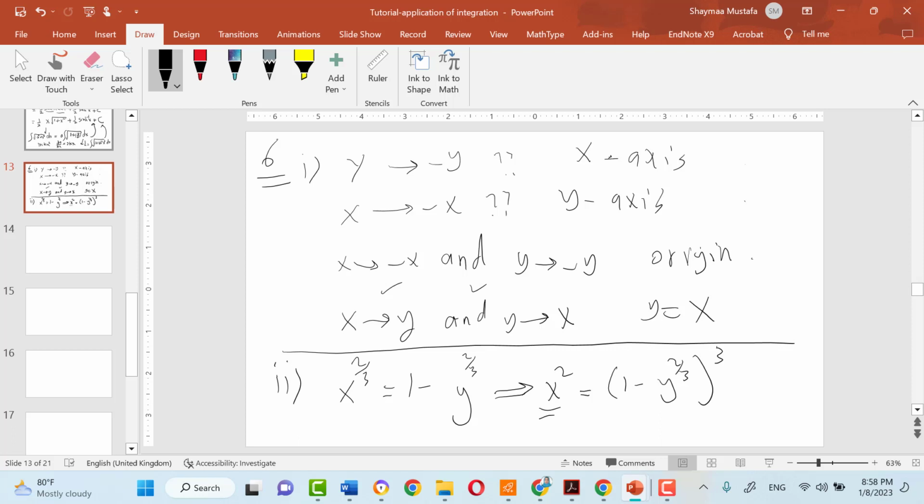So x squared is positive, so this one should be positive as well, should be greater than 0. So from here y is from minus 1 to 1. From here y should be from minus 1 to 1. Similar is x.